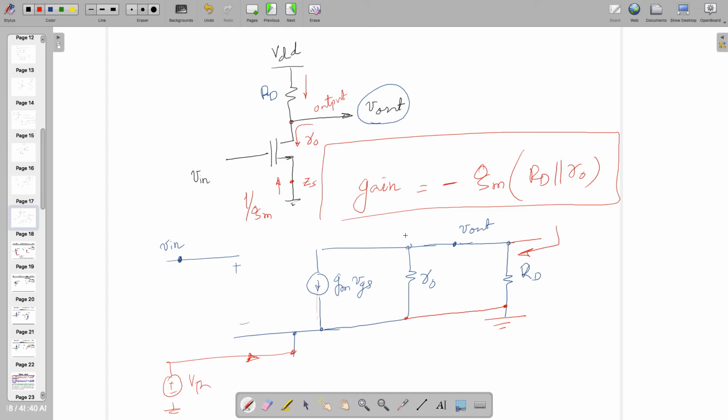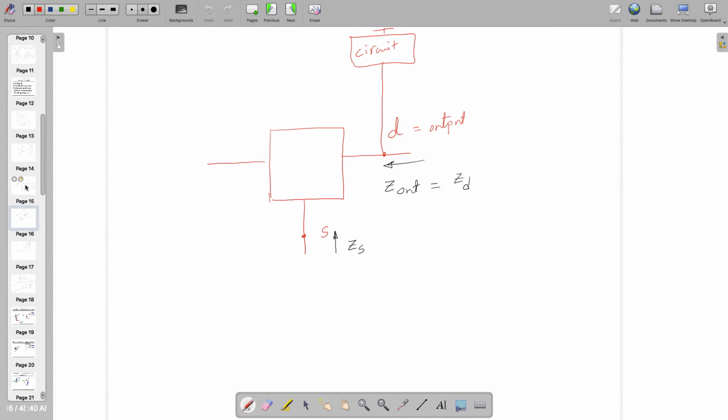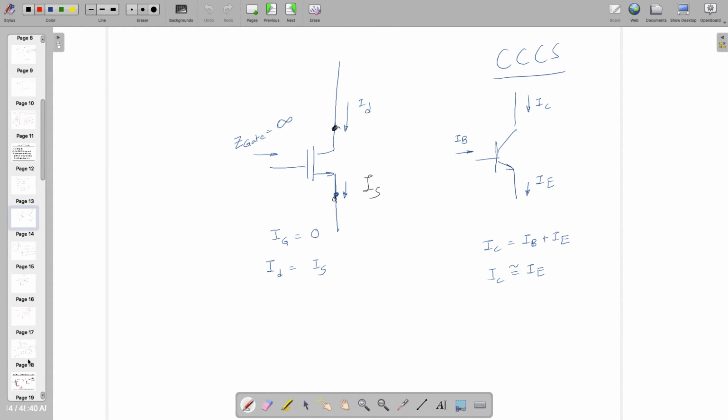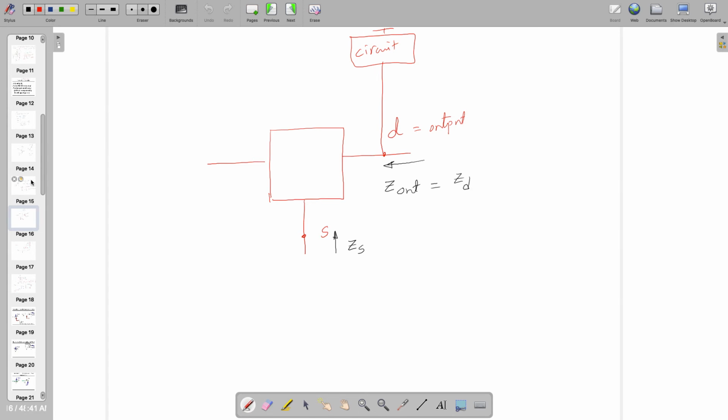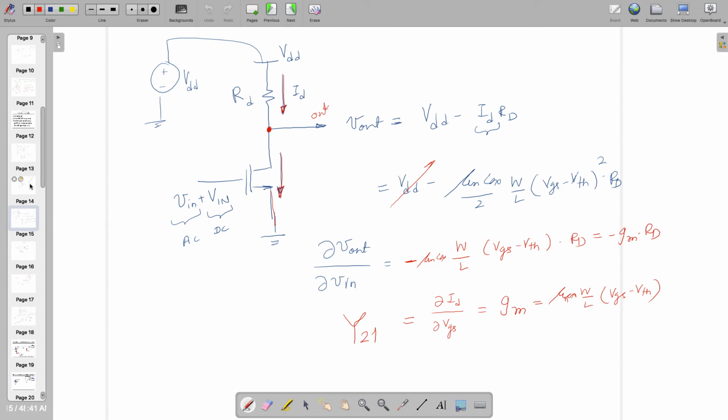When you have considered the channel length modulation, unfortunately, I made a mistake while solving. While solving this one, we have not added the channel length modulation resistance. In this equation, we need to have the 1 plus lambda VDS. Then RDS, or RO, is also available.